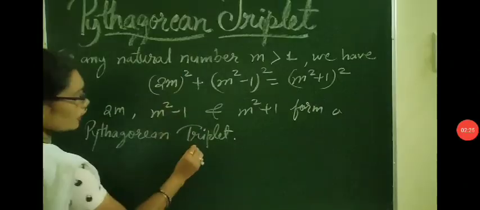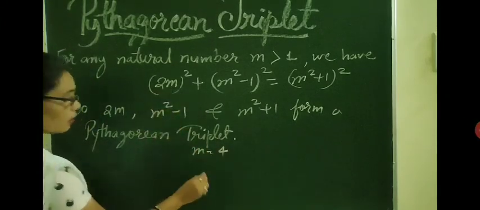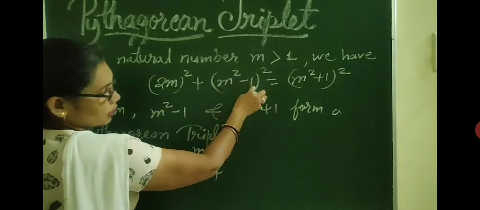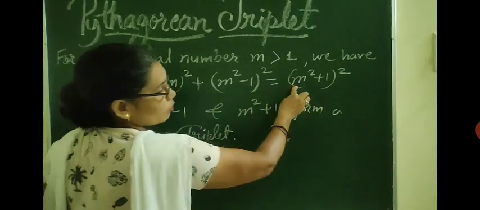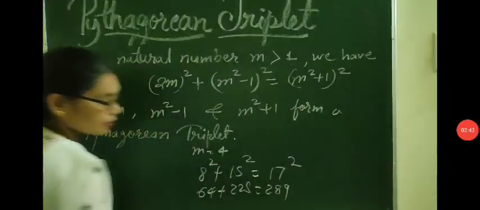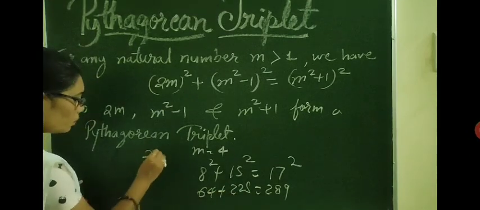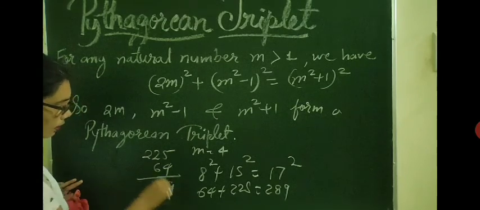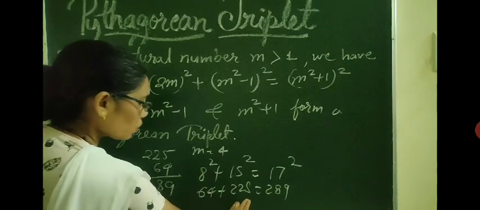If we take m equal to 4, then 4 times 2 is 8 squared plus 4 squared minus 1, 16 minus 1, 15 squared equal to 4 squared plus 1, 16 plus 1, 17 whole squared. Check: 8 squared is 64, 15 squared is 225, and the sum is 289. The right hand side is also 289.